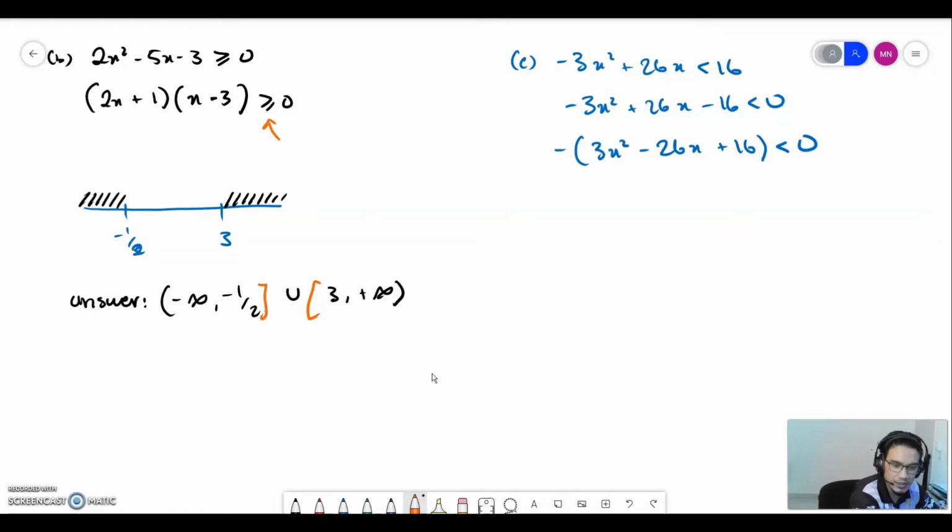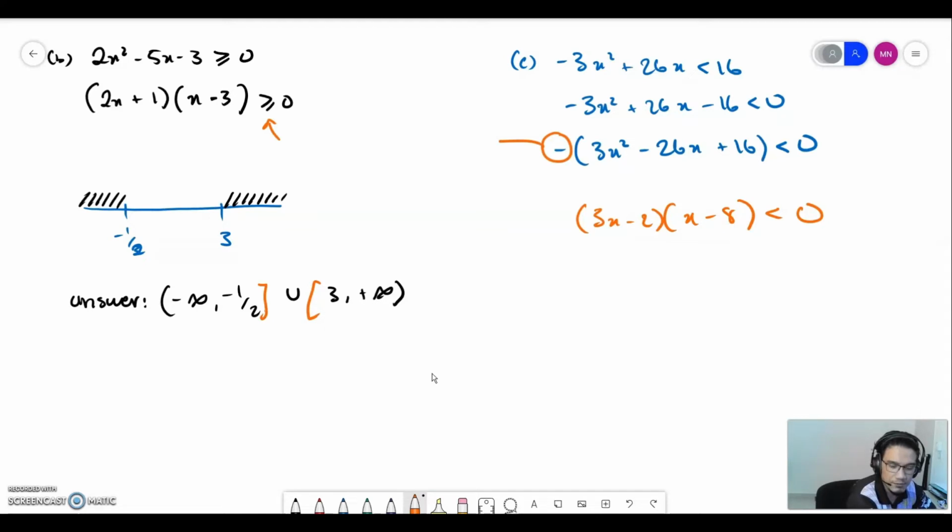If you key in negative 3x squared plus 26x minus 16, it will show you the answer 3x minus 2 and 8x minus 8. Then you will do it like this, less than 0. So you will be missing this negative sign.